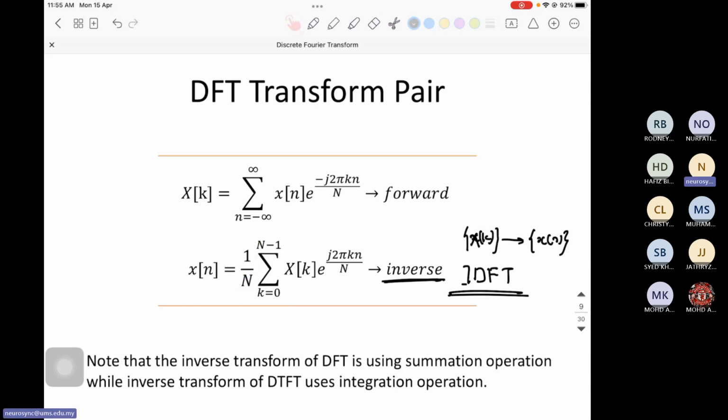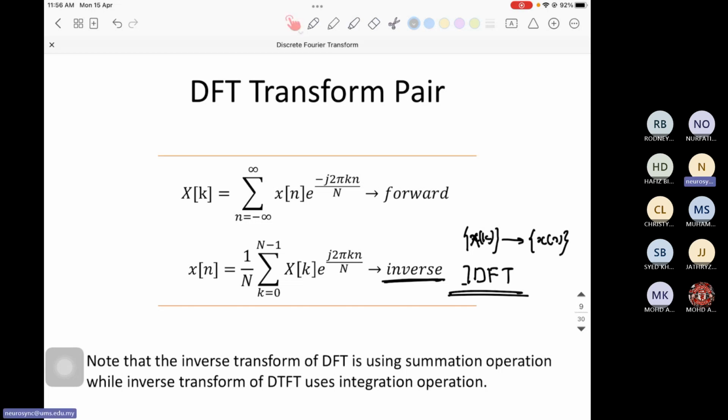In the previous case, we had 1 by 2 pi, integral from minus pi to pi. So just remember this DFT conversion formula. I can get x of k from x of n when I do summation from n equal to, basically, a finite range.